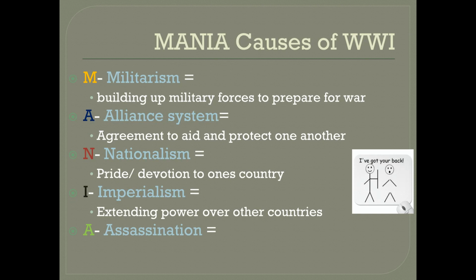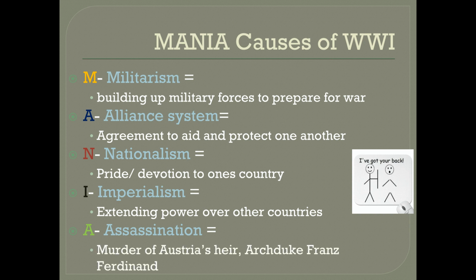We all know by now, especially from last year, that the assassination of Archduke Ferdinand of Austria-Hungary is what's going to lead to this war starting. It is the spark that starts the war. Again, the murder of Austria's heir, Archduke Franz Ferdinand, is the spark of this war. It happens in a place called Sarajevo, which was in the former communist country called Yugoslavia.